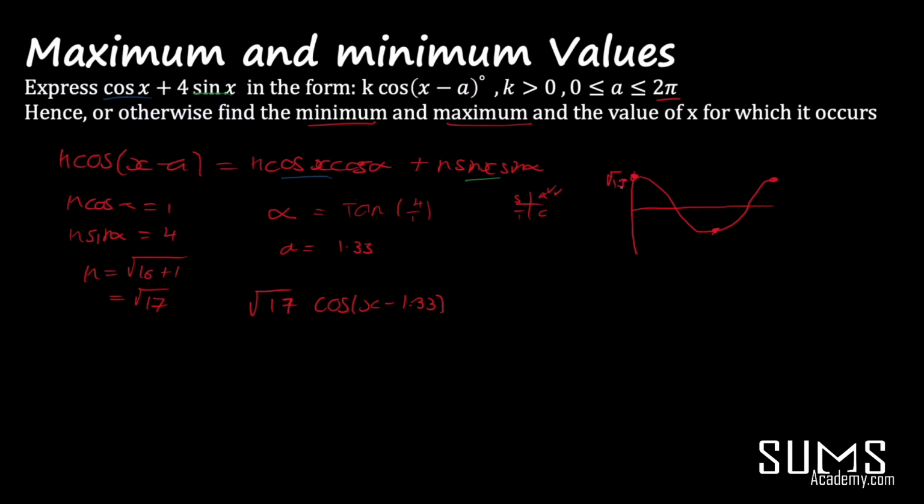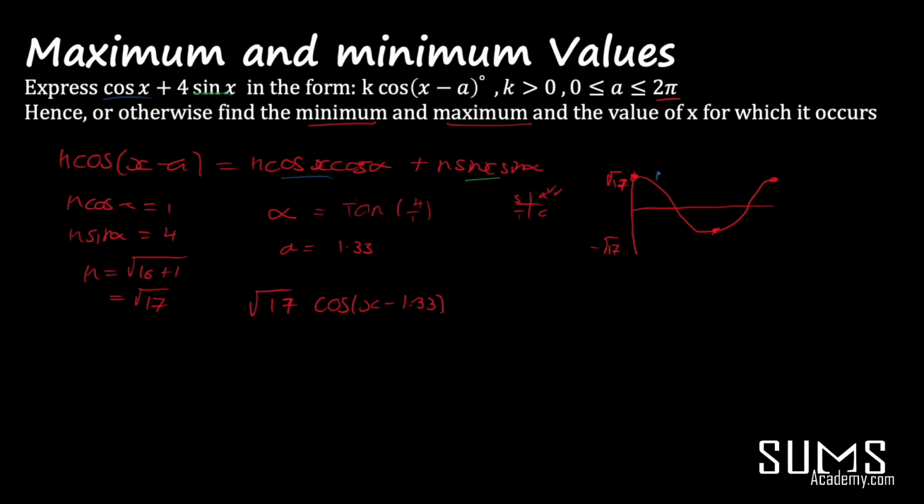So this is root 17, and this is minus root 17. Before we would have said the max is at 0 and 2 pi, and the min at pi, right? But obviously now it's been shifted, so it's no longer going to be at that position.